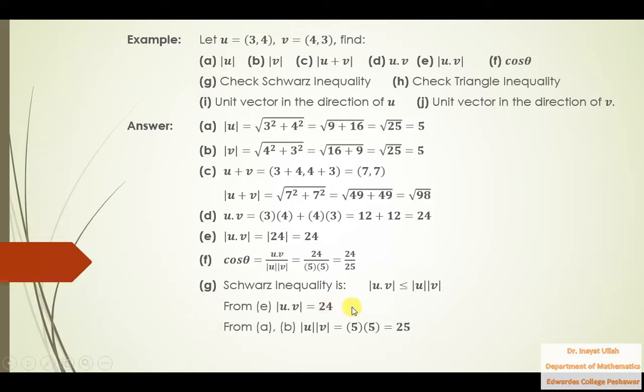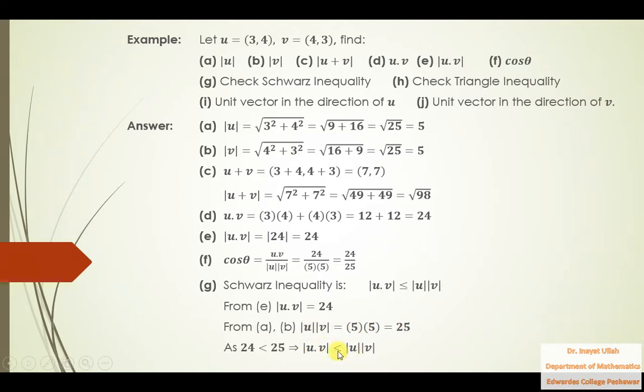Now compare these two values. We see that 24 is smaller than 25, 24 is less than 25. So the magnitude of u dot v is less than 25, which is the product of the magnitudes of u and v.